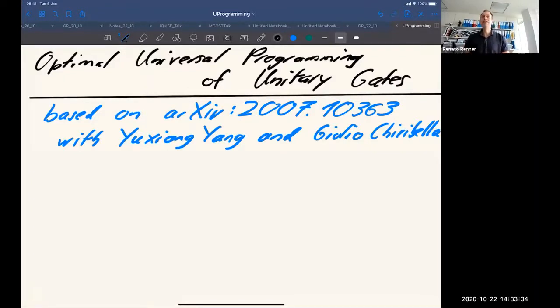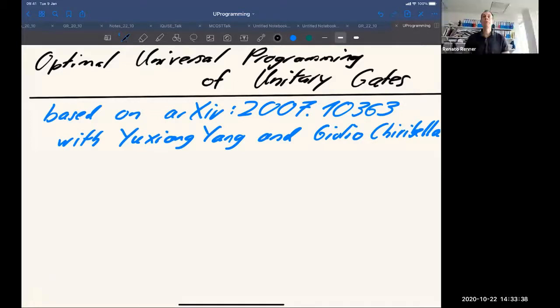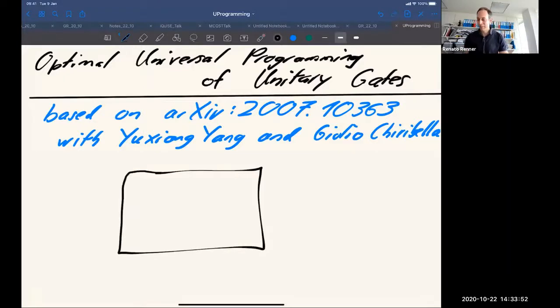It's about the general, maybe more colloquial style things. So in the title, there is this universal programming, and universal programming really refers to a computer science notion that was there long before quantum computing. So I usually draw boxes of stuff, and one box could be a universal computer.